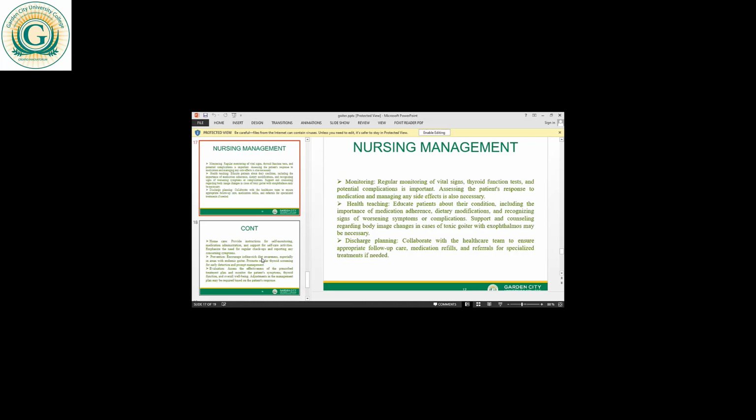For health teaching in nursing management, we educate patients about their condition, including the importance of medication adherence, dietary modification, and recognizing signs of worsening symptoms or complications. We also provide support and counseling regarding body image changes in case of toxic goiter with exophthalmos.